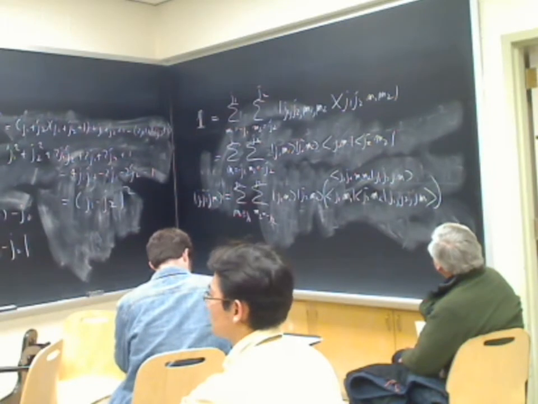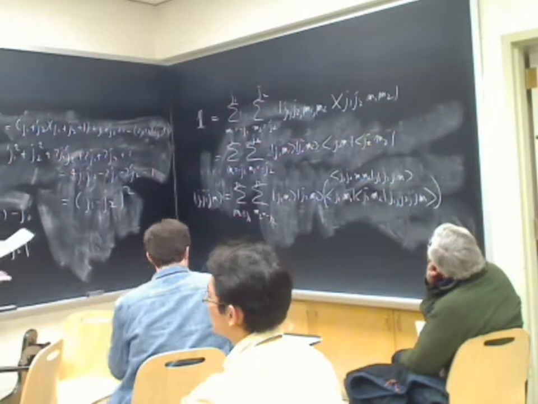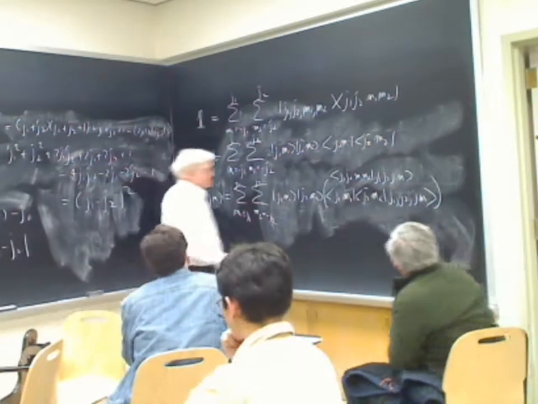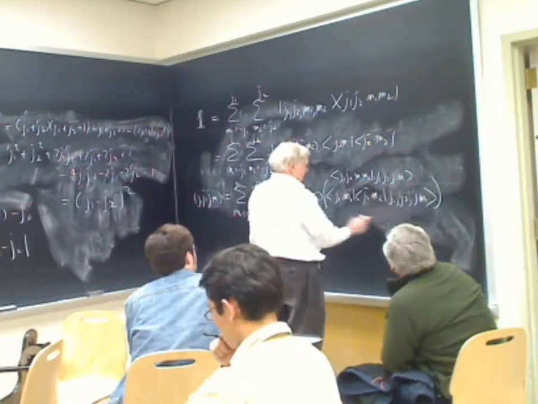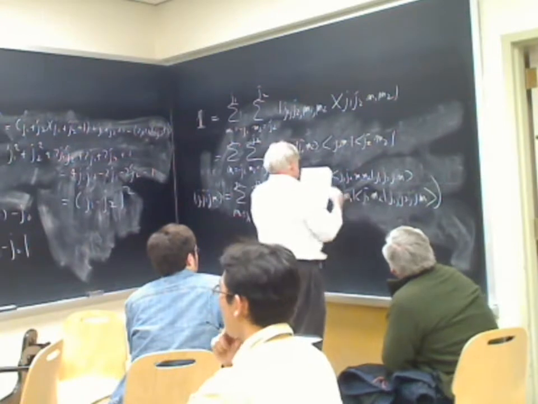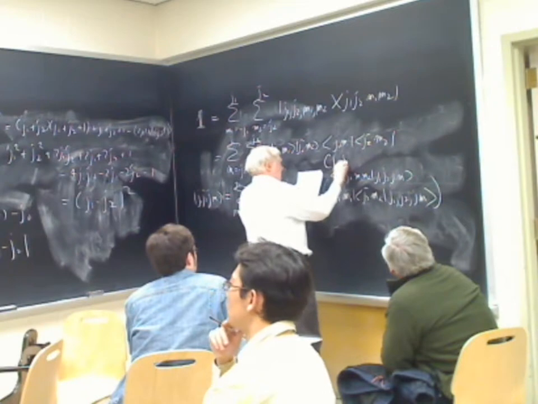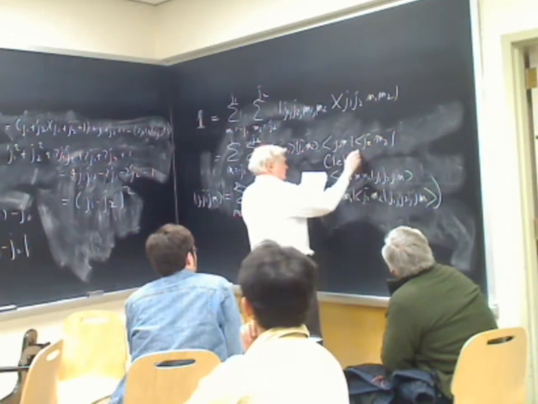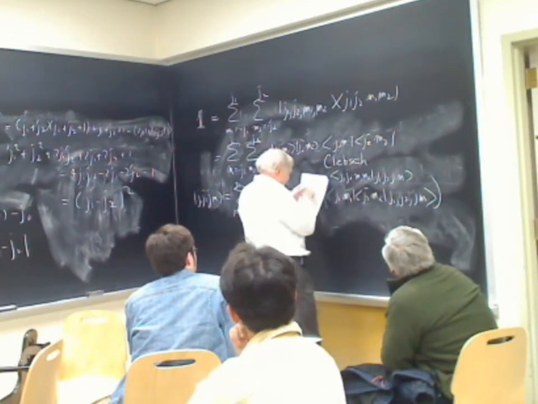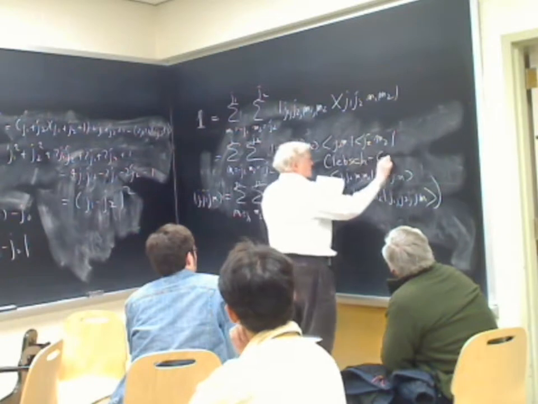Okay, now these numbers, which are these inner products, are called the Clebsch-Gordan coefficients.